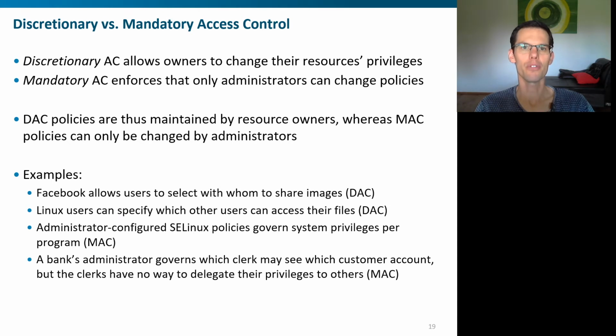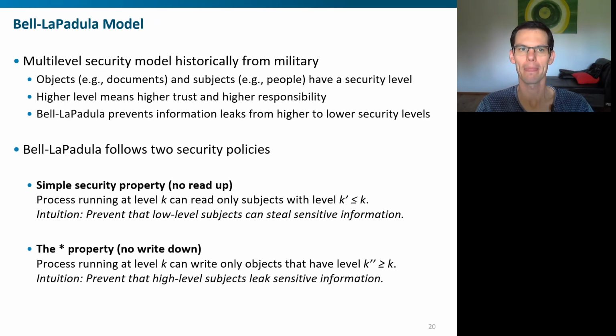Now let's look at two more theoretical concepts about providing integrity and confidentiality in data-owned systems. One such model is the Bell-LaPadula model, which originally stems from the military, where you have objects and subjects.